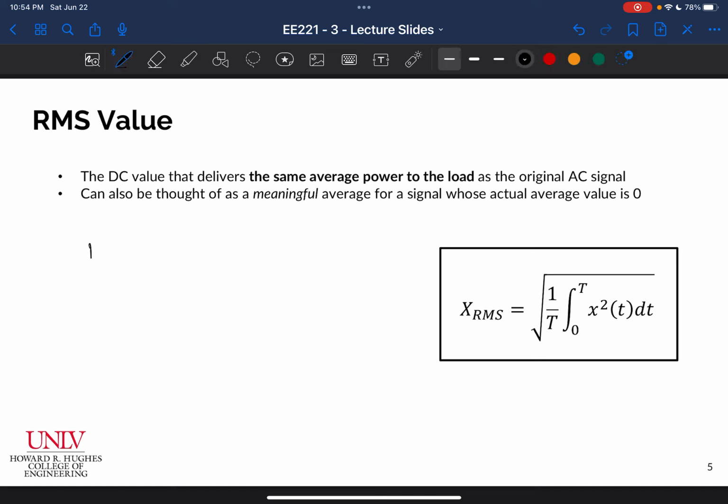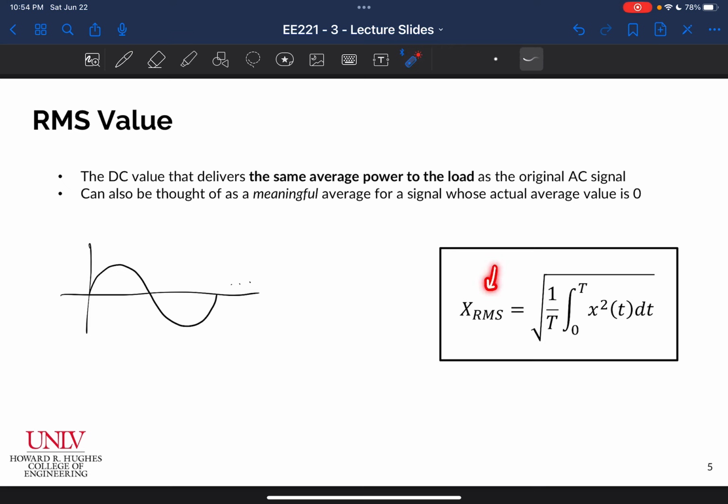A signal like a square wave or a sine wave that swings around 0, just like this, does not have a 0 RMS value. It has a 0 average value, but it does not have a 0 RMS value. The second definition is that the RMS value is a DC value.